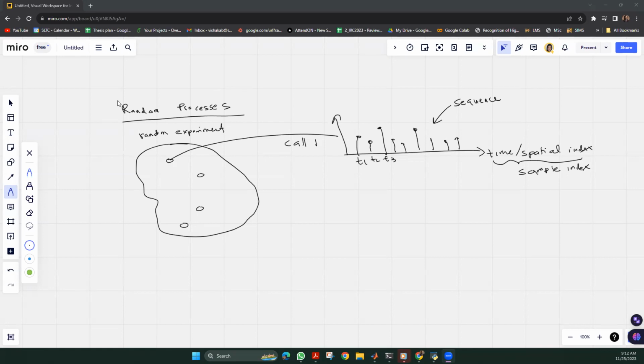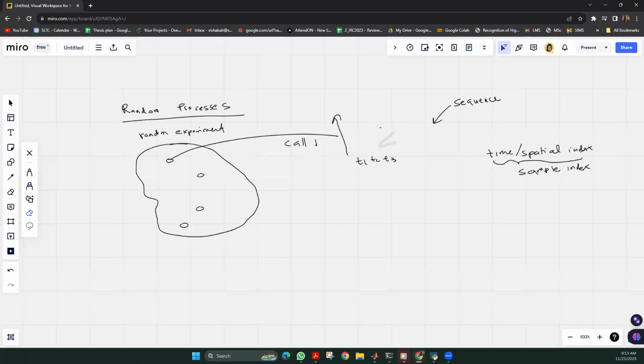So we took a random experiment, and that random experiment is finding out the signal strengths that we receive over different calls, right? If we consider multiple calls, call 1 up to call n, we can plot the signal strength that we receive for each call. I will actually draw this as a continuous signal.